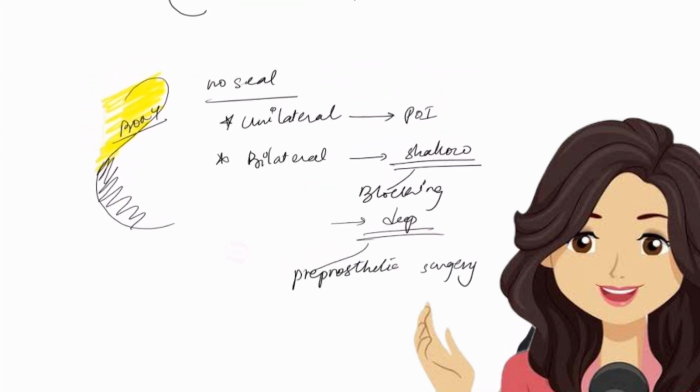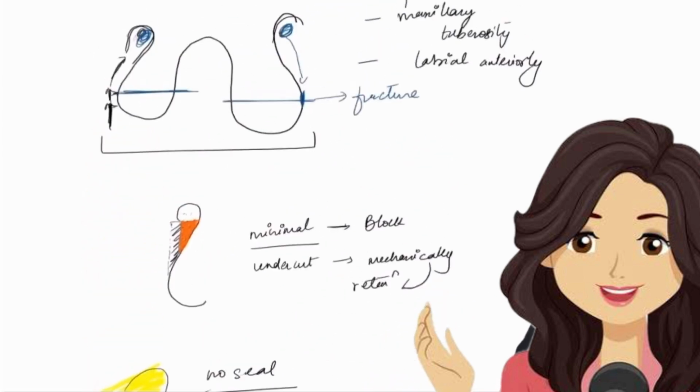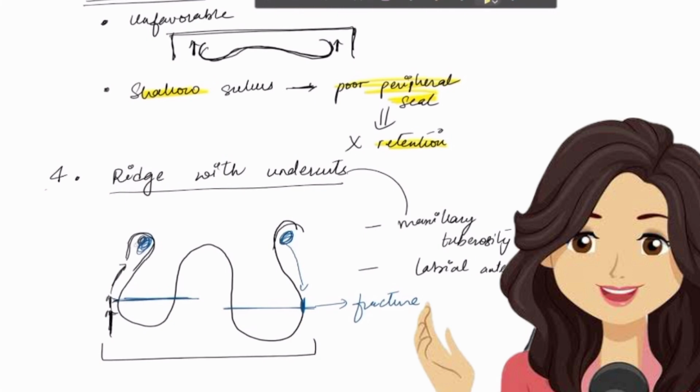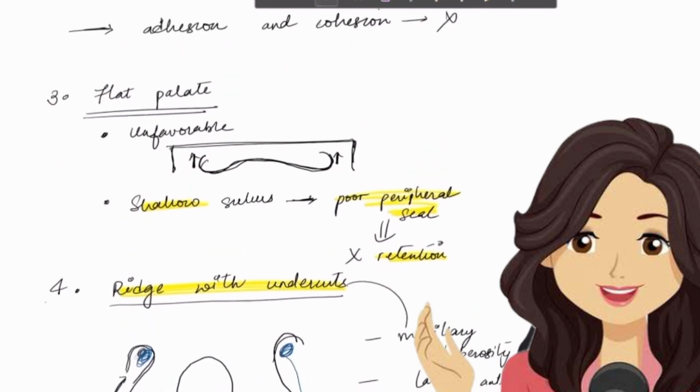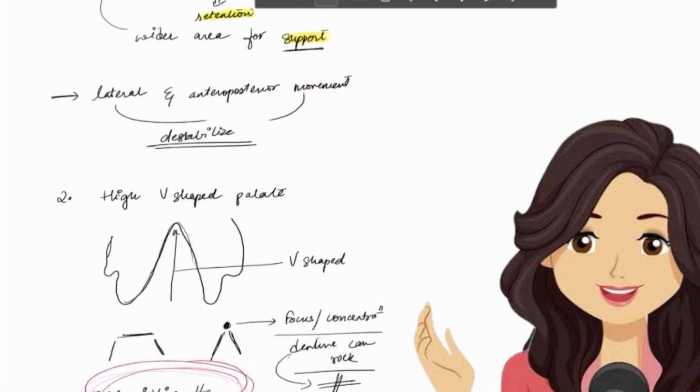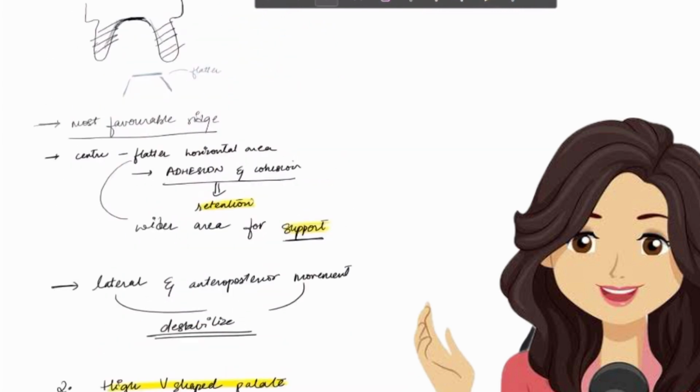So this all in all describes all four varieties of your residual alveolar ridge. We saw ridges with undercuts with a very important key MCQ which is asked. We saw flat palate kind of ridges. We saw high V-shaped palate and the associated clinical aspect of it.